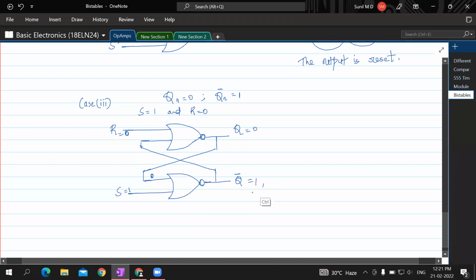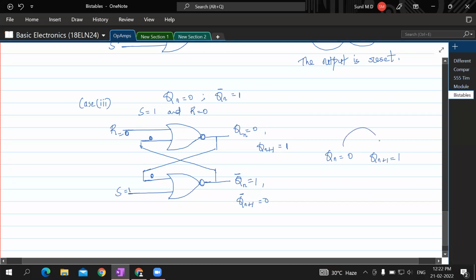Let me write that this way. So Qn plus 1 bar would be 0. This is Qn bar. So this Qn plus 1 bar is 0 comes here. So both are 0 zeros. When both are 0 0, if this is Qn, Qn plus 1 would be 1 because both are zeros. So that means the output is being set. Here Qn is 0, Qn plus 1 is 1.